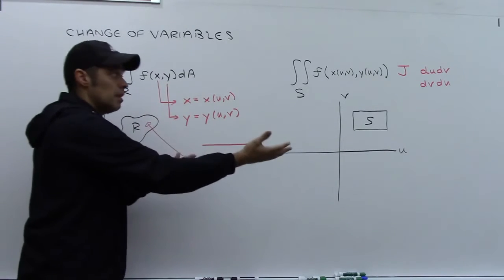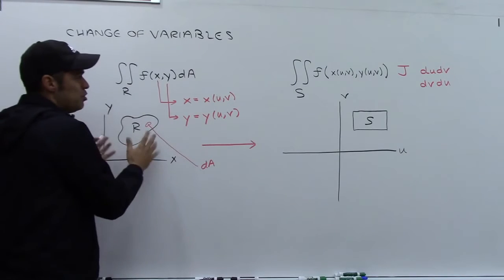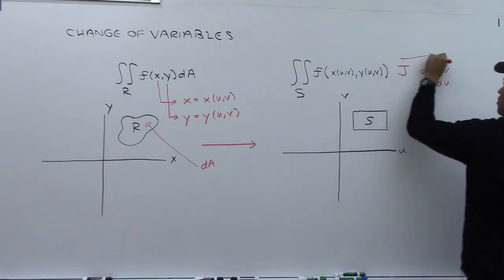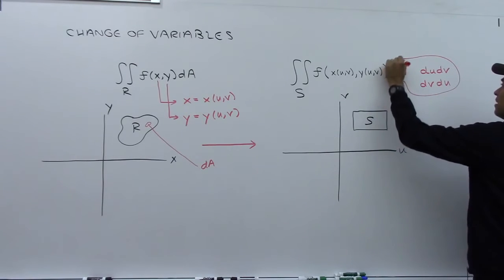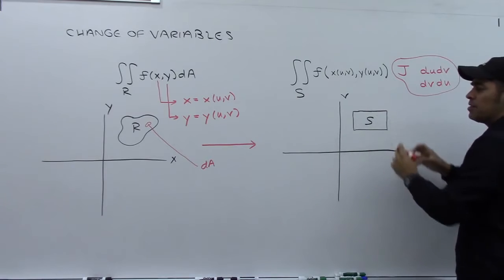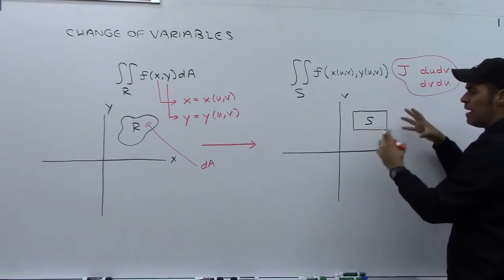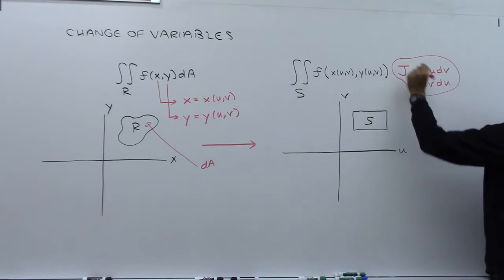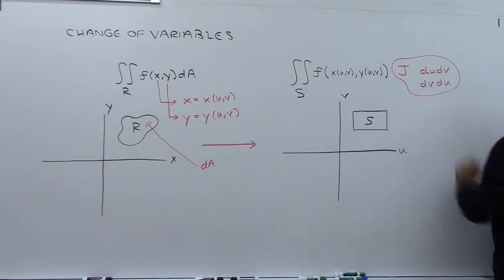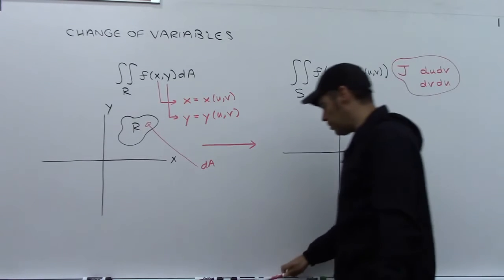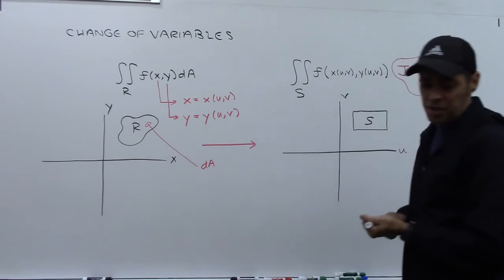You're allowed to switch the variables over to something new, but you may have to multiply these differentials by something to account for the scaling of the region, either the shrinking or the contracting or the deforming of that region. To make it work, you've got to have this factor in here of J. So what is J? That's the next natural step, to ask what is J.